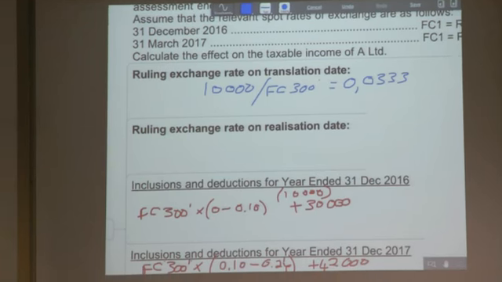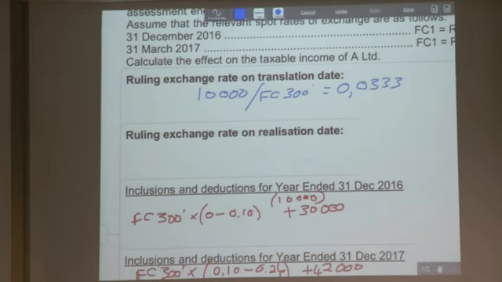Yes? So when I get to my inclusions and deductions for the year, I'm still going to have my 10,000 deduction. Are you with me? For the affected contract.